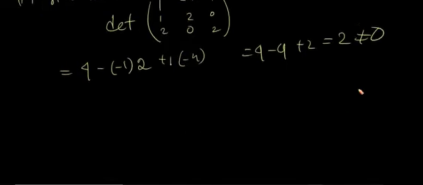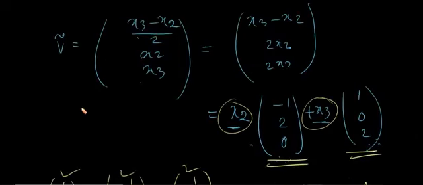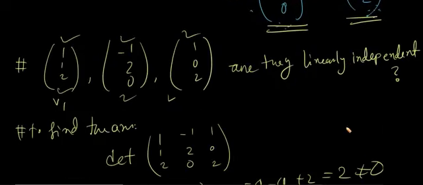So we can safely say, this v1 that we wrote, that we denoted v tilde, that came in the combination of these two vectors, and let's call one of them v2 and another one v3.